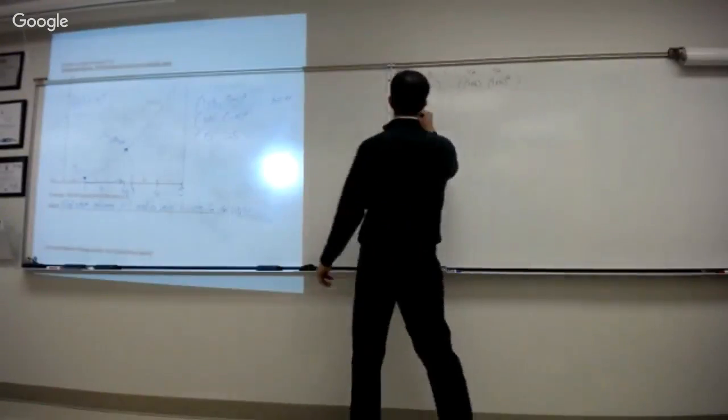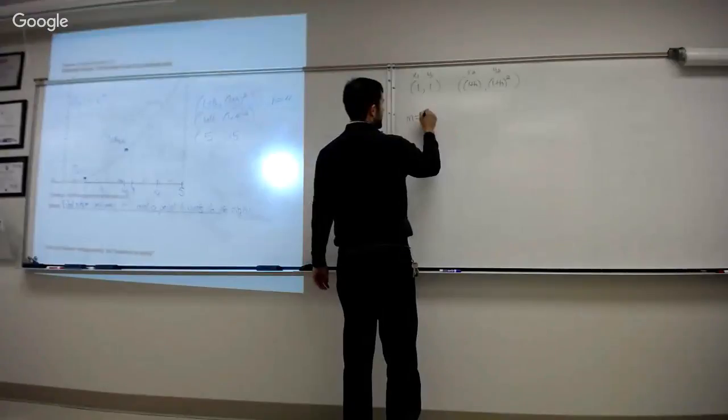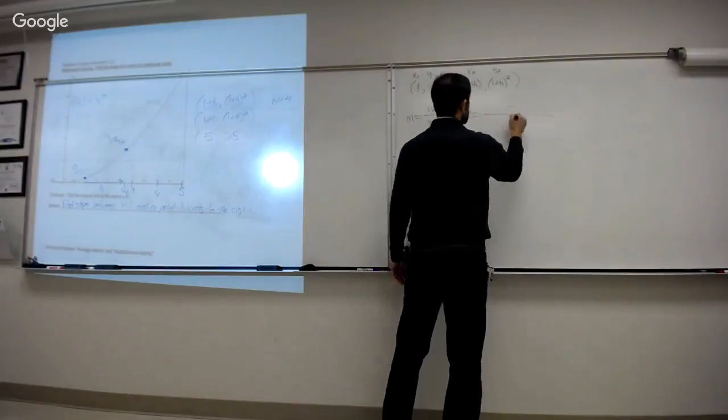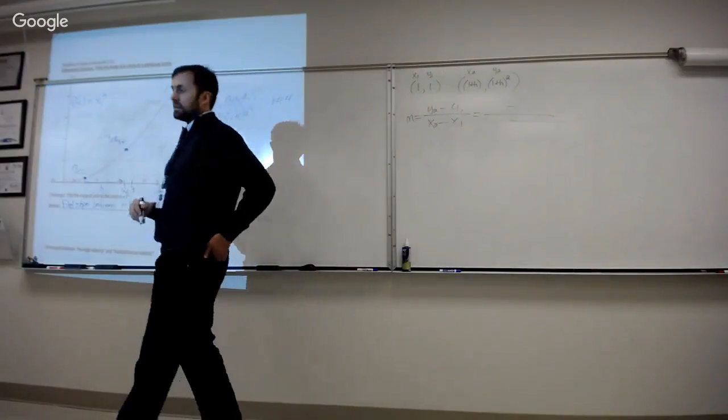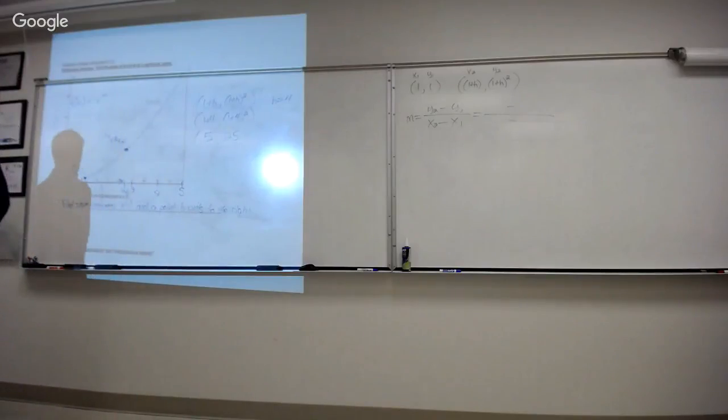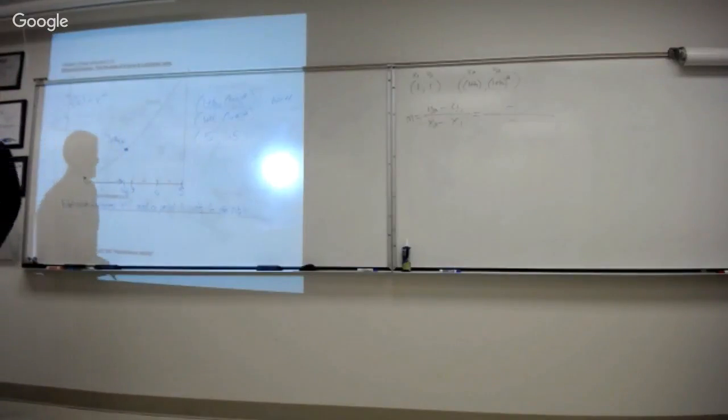Okay, so first we write down the slope formula. M equals y2 minus y1 over x2 minus x1 equals a long line with 2 minuses. All right, so there's our slope formula. I write it empty with the long fraction line and 2 minuses, top and bottom.